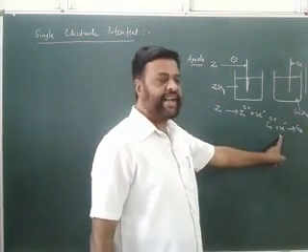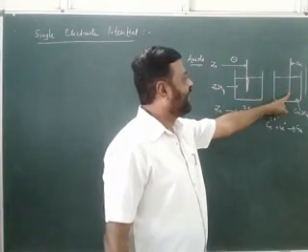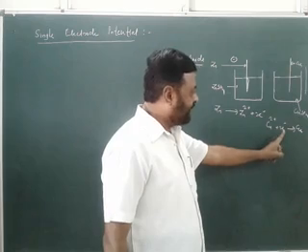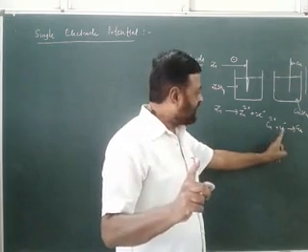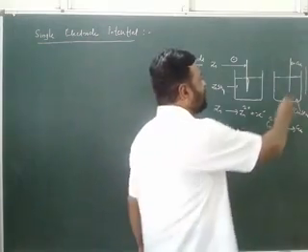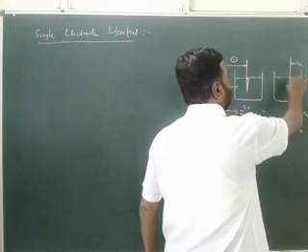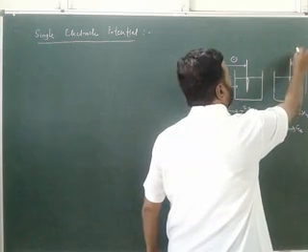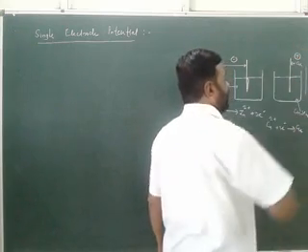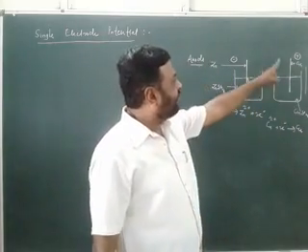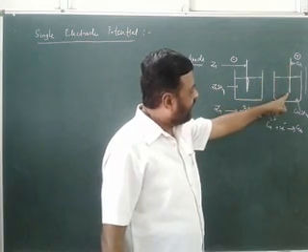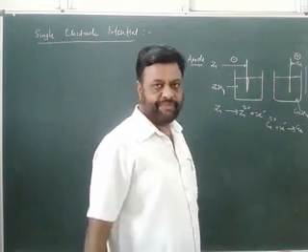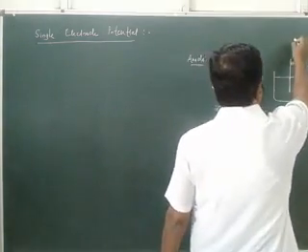So this reduction reaction takes place here, and because of this half cell reaction, potential is developed, and this copper metal acquires the positive charge. This single electrode is known as the cathode.